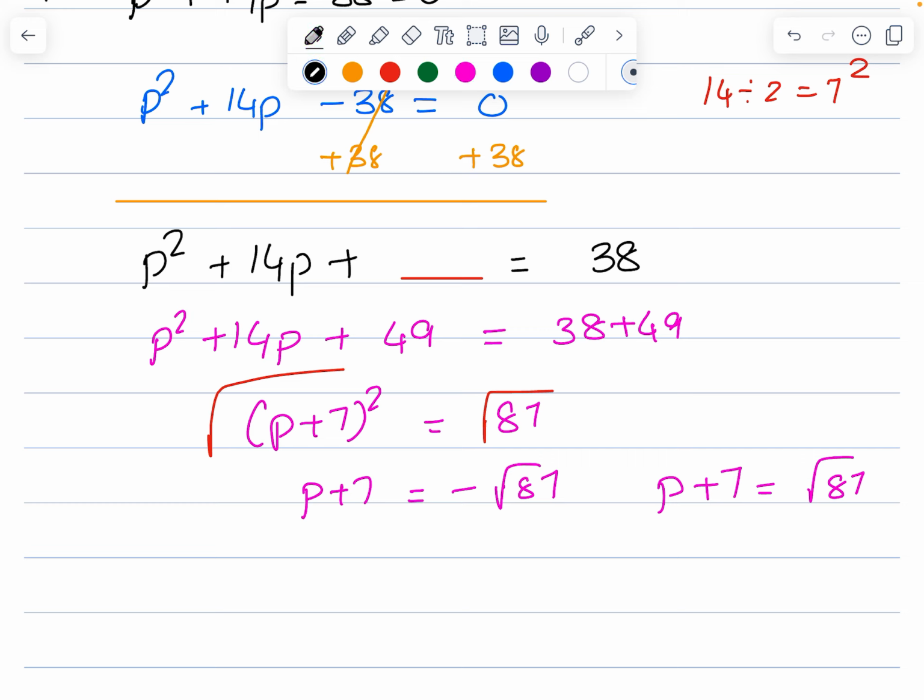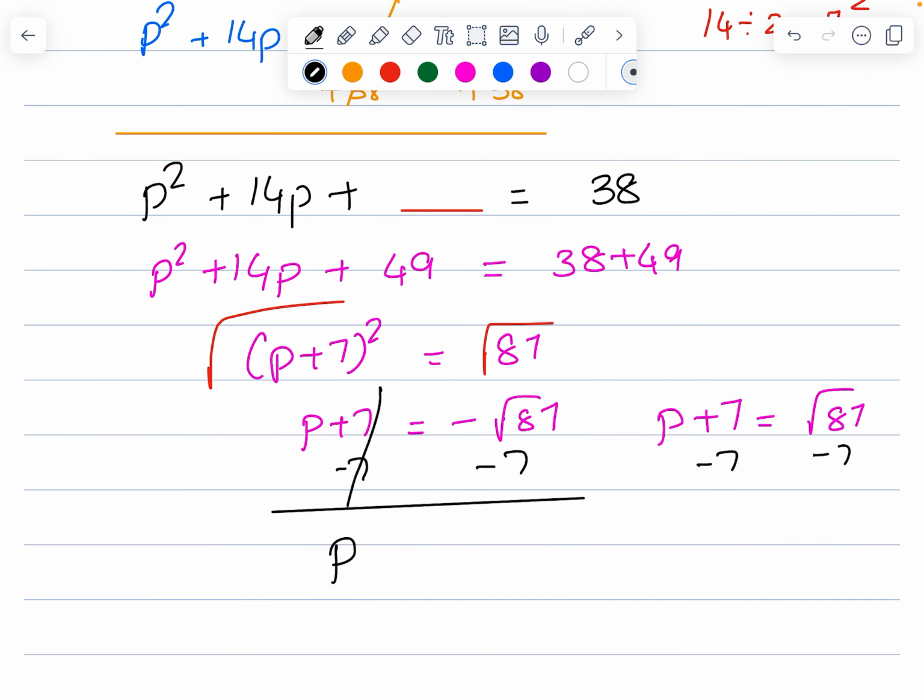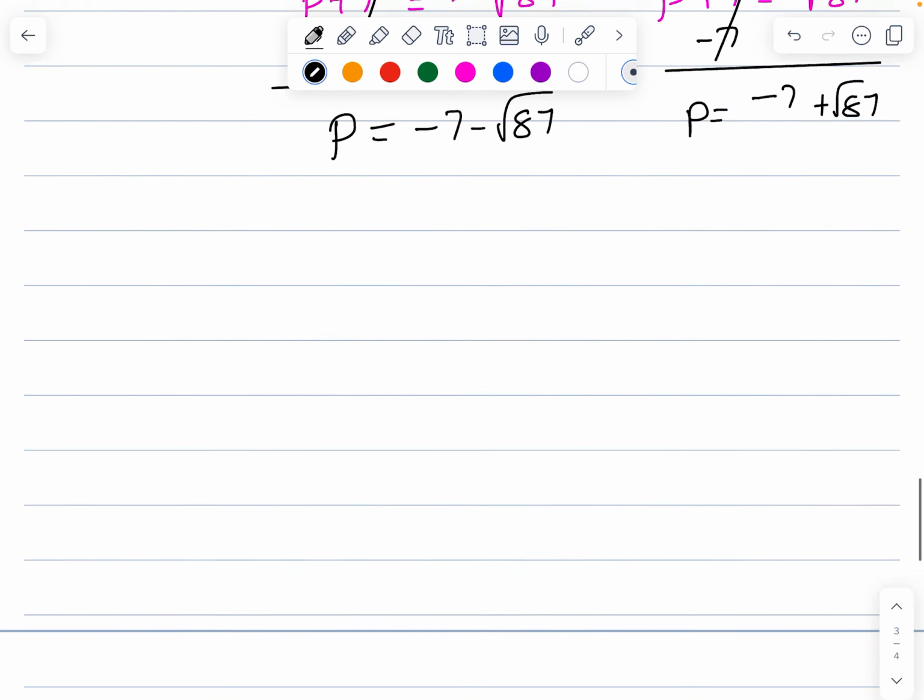So I need to move that 7 to the other side too. Negative 7 on both sides, 7 and 7 cancel. So P equals negative 7 minus square root of 87, or P equals negative 7 plus square root of 87. That is the first question.